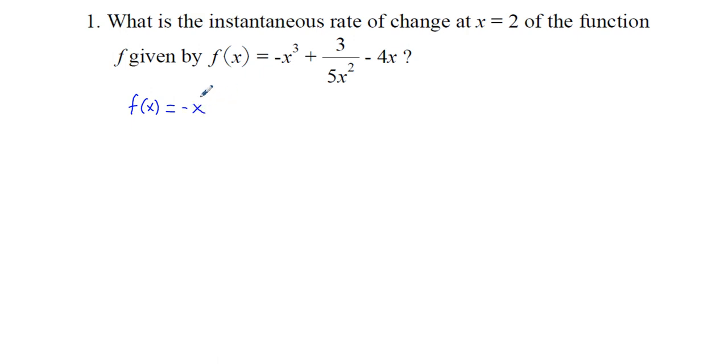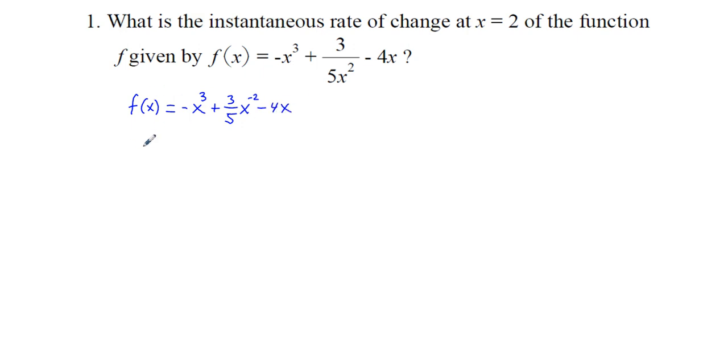We have negative x cubed, that comes as stated. And then we have plus 3/5, and down here in the denominator we have x squared, which using the rules of exponents is going to be x to the negative 2 power. And then we have lastly minus 4x.